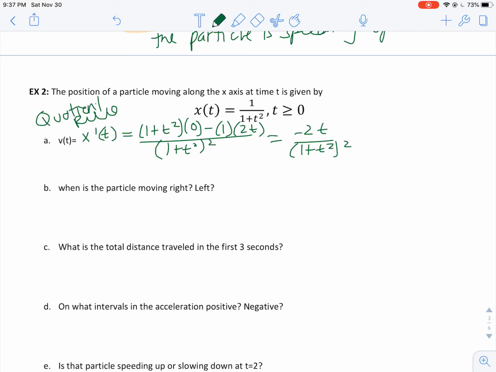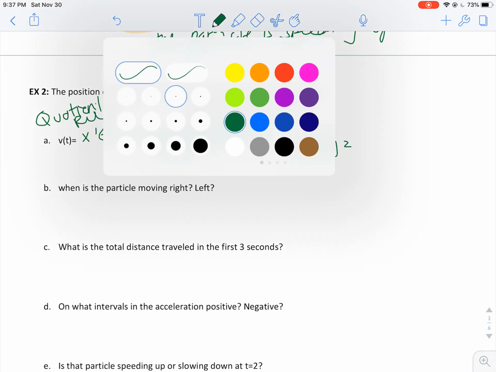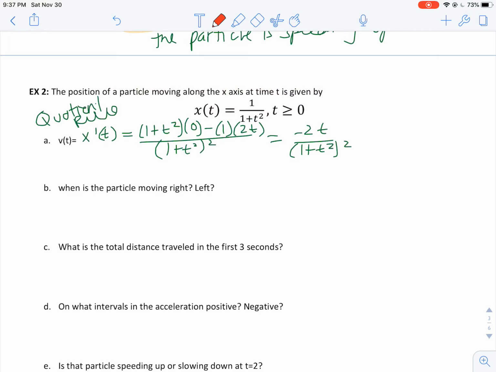All right, when is the particle moving to the right or the left? So we got to do a sign chart for that. So I'm going to set my velocity equal to 0 over 1 plus t squared. This function will equal 0 when our numerator equals 0, so that's going to be t equals 0.